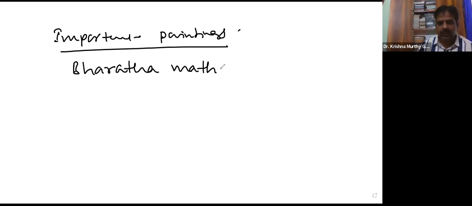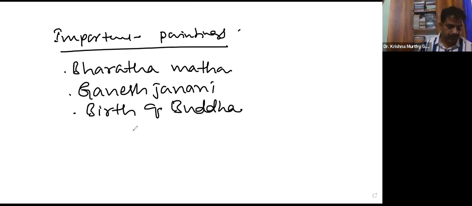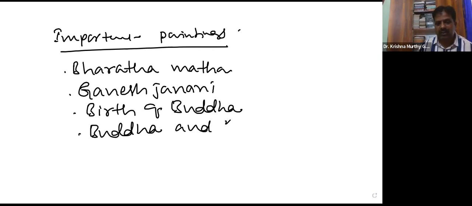Ganesha Janani. Birth of Buddha. Buddha and Sujata.